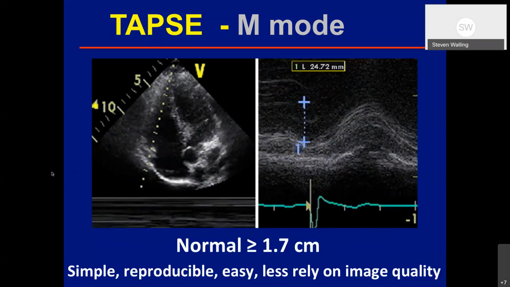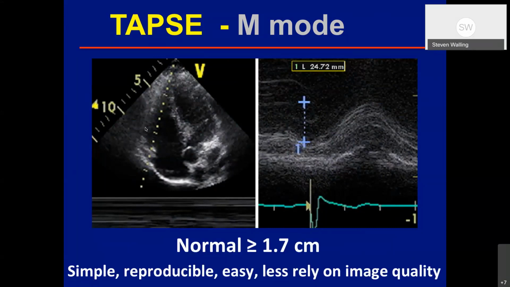And again, you put your sampling volume on the annulus exactly, or close to the base of the lateral free wall. Put it there and make sure it is parallel, because this is beam angle dependent.